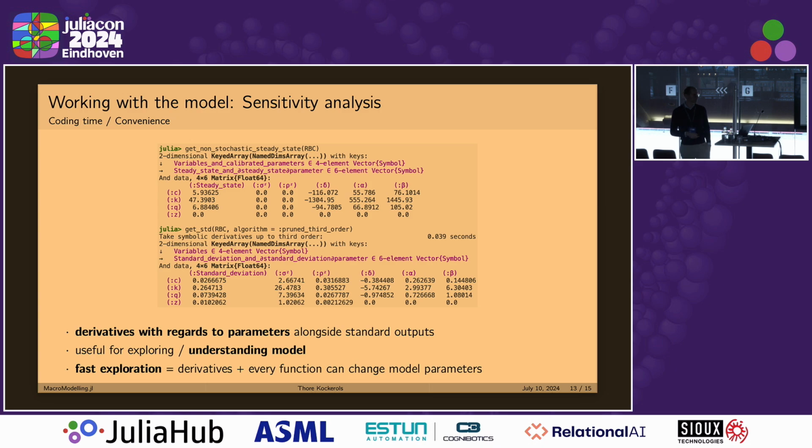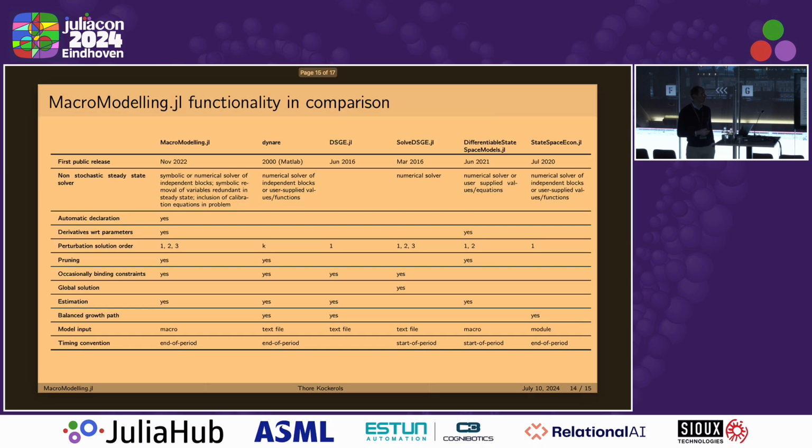So then you really understand which parameters matter for the variable you're looking at. I think this is a great tool for exploring and understanding the model. And essentially, with these derivatives, plus the fact that with any of these functions I can just write comma, parameter should be something else, I can really explore this parameter space relatively fast because I understand in which direction I'm going, and then I can just change it and look at that. So this is also very convenient.